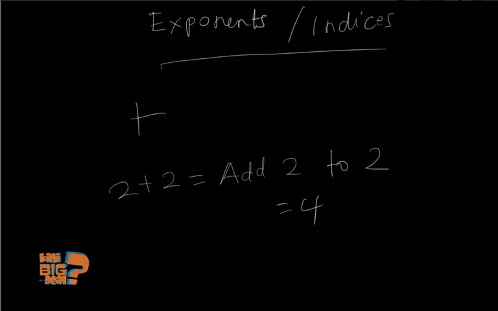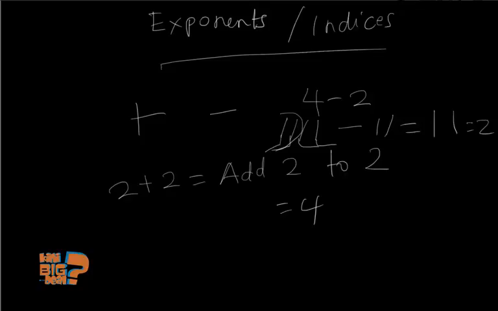If you have a sign like minus, it means they want you to subtract something from another. So if you have 4 minus 2, that means they want you to, let me embarrass you a bit, 1, 2, 3, 4 minus 1, 2. So you say 1, 2, take it away. What is remaining? 1, 2. Okay, it's not that simple.